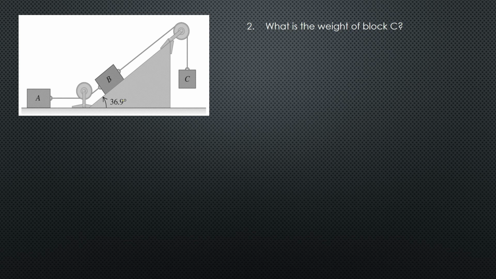Now we need to draw the diagram, or FBD, of block B. So FBD, or free body diagram, of block B. So inclined, okay. So this surface is inclined, then the block, and then the weight is always pointing downward. Don't forget that.